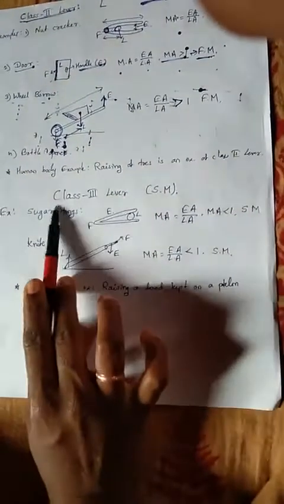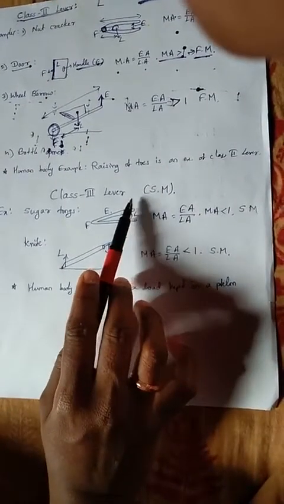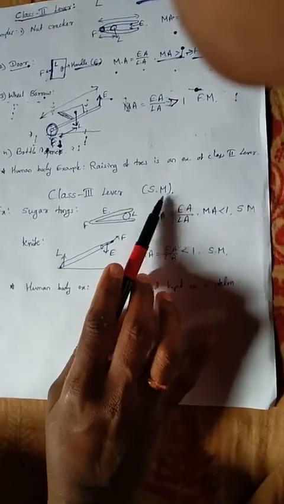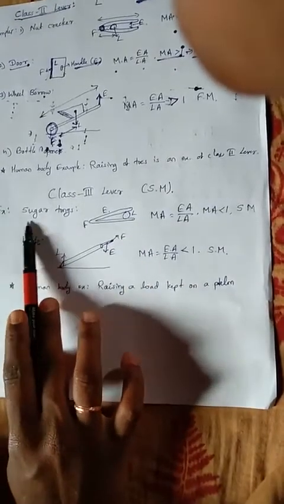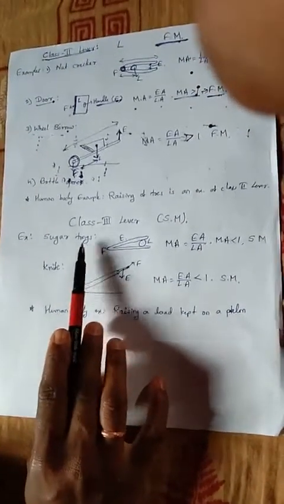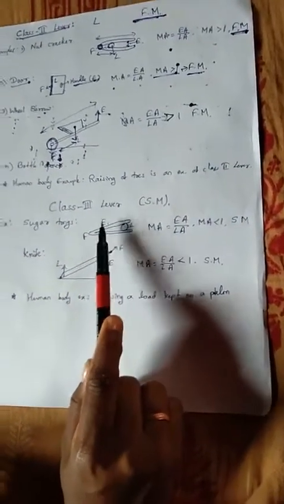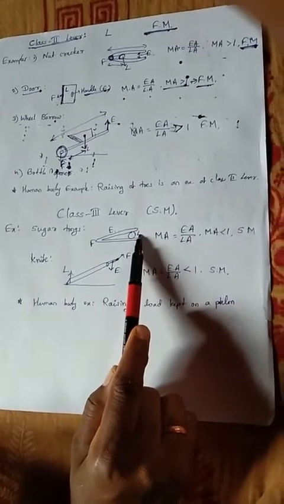And in class 3 levers, class 3 levers always act as speed multipliers. For example, sugar tongs or fire tongs. This is the fulcrum, effort and load.